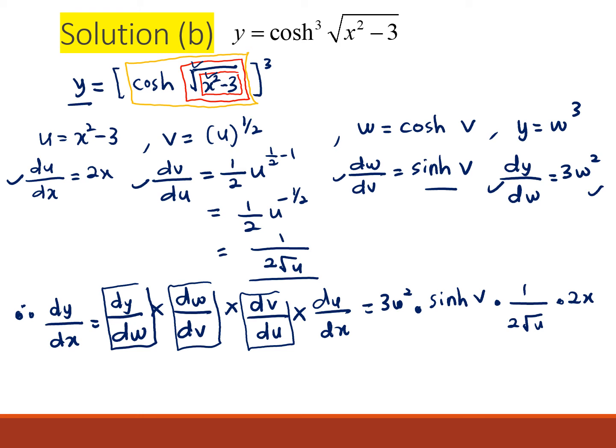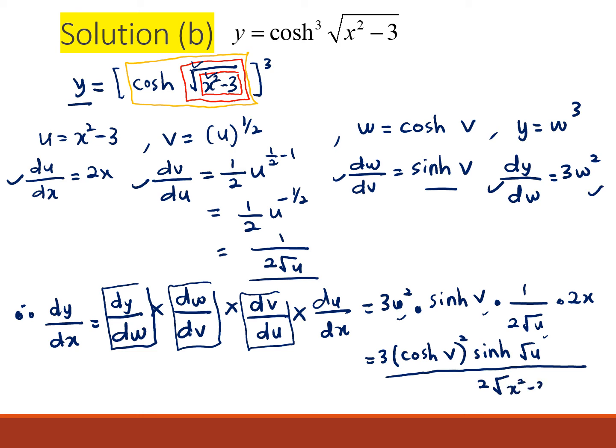Now what we need to do is substitute w, v and u in terms of x. So w is equal to cosh of v, squared, times sinh of v, where v is the square root of u, times 1 over 2 square root of u, times 2x. Okay, we still haven't represented all the functions in x.